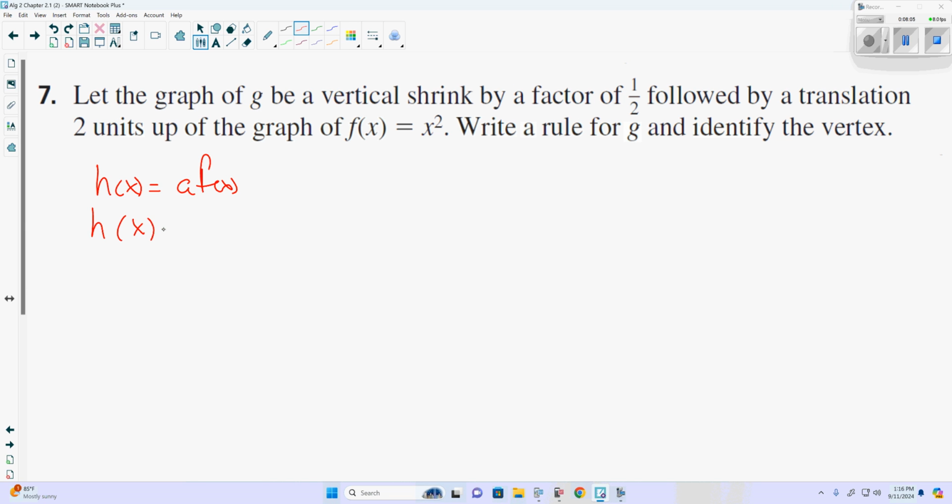Well, a in our case is 1/2. Well, our function is still just x squared. So we have 1/2 times x squared. Well, what is 1/2 times x squared? Which is 1/2 x squared.